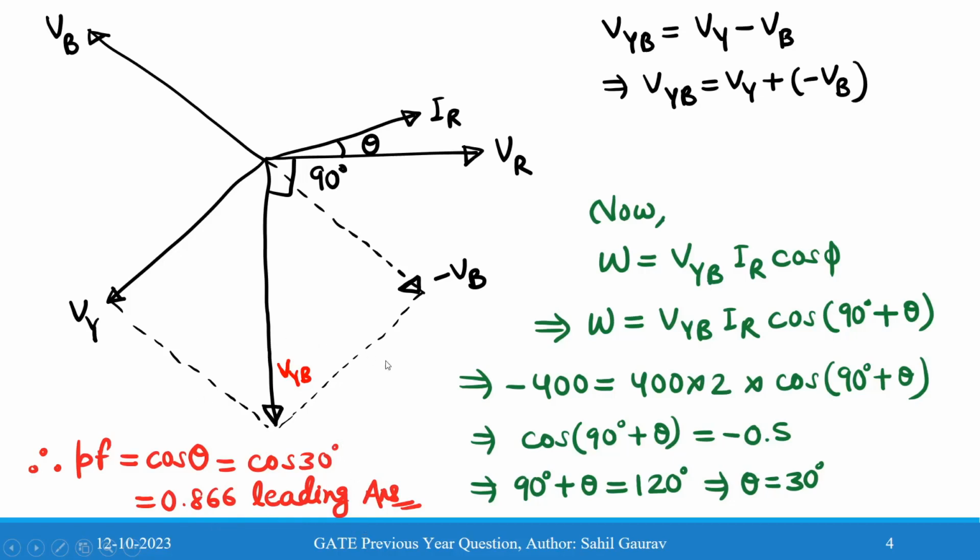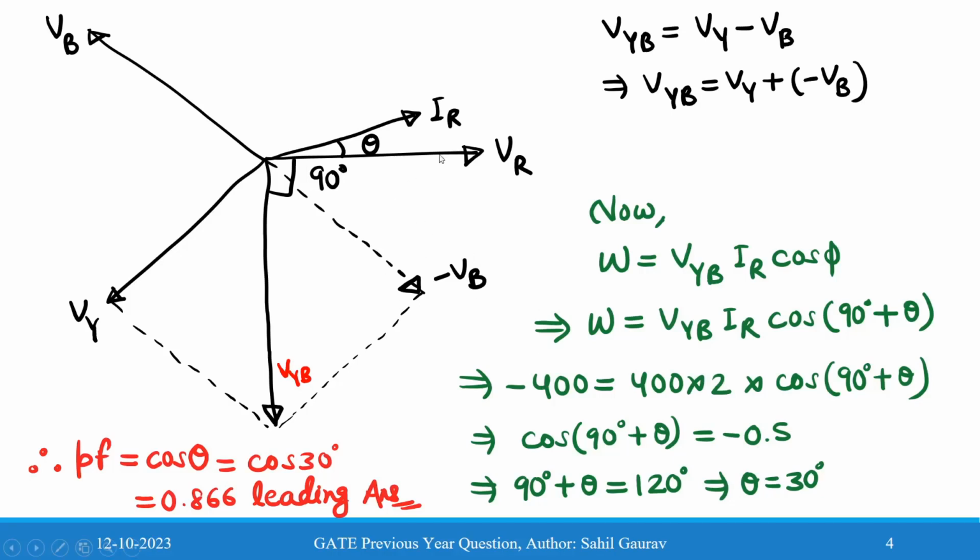Now the question comes here: one may think that we have assumed IR as leading VR. You can also assume that the current IR is lagging the voltage VR. In that case, you will see that theta will come as negative. So whatever you assume, you have to take the opposite of that.